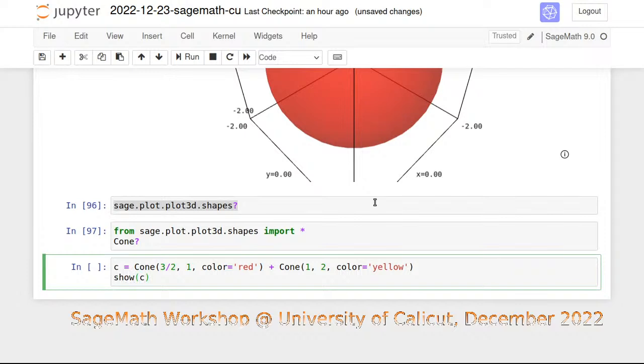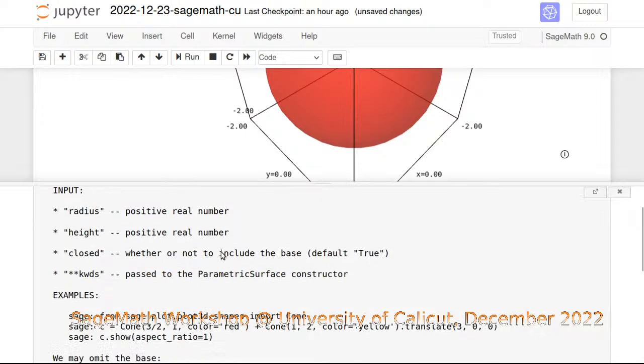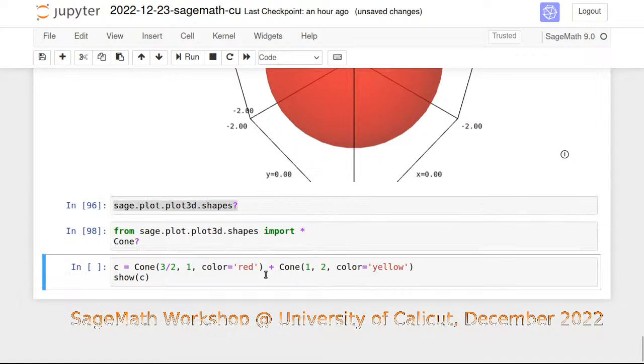Show, see. So I just used cone for the sake of input. We have to give radius and height, these two are necessary. Radius, height, and color is not really that necessary.